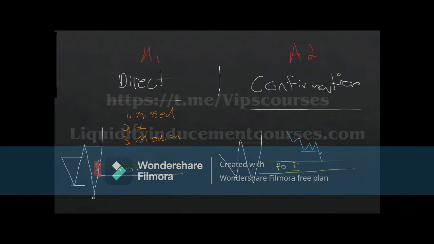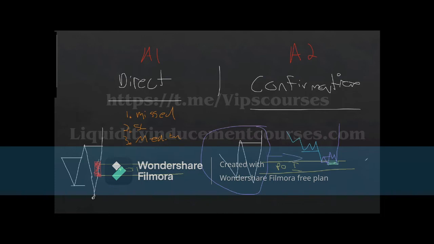When price comes down in here, then we wait for a lower time frame to give us the same thing. A what? A Quasimodo. The same pattern. Let me just change this color. We enter right here. Go long.